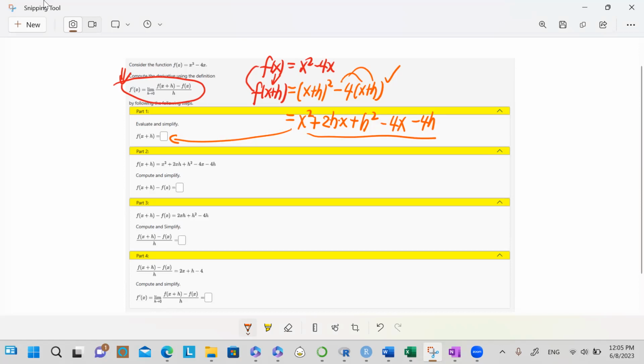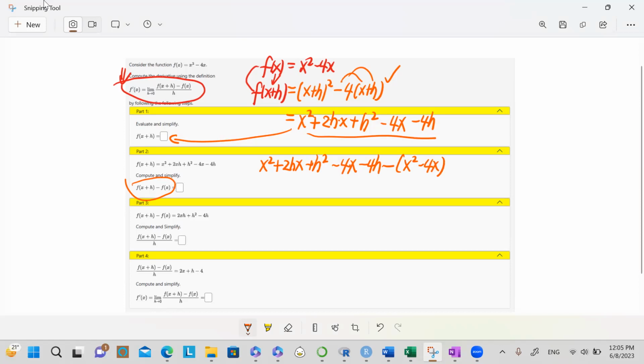Then basically simplify the numerator. Let's see what this is. So f of x plus h minus f of x. We get x squared plus 2hx plus h squared minus 4x minus 4h, minus f of x, which is x squared minus 4x.